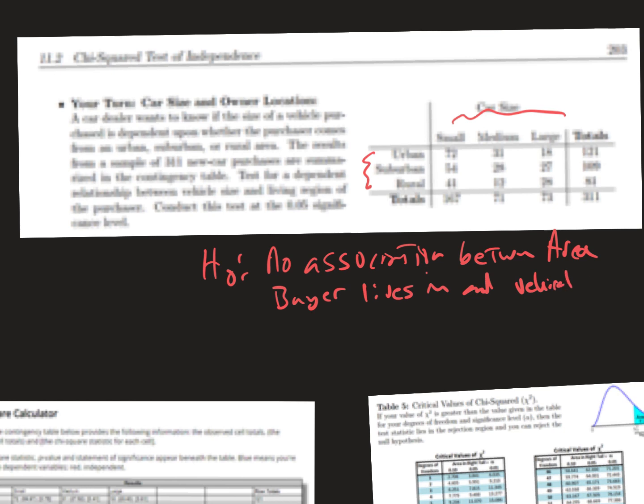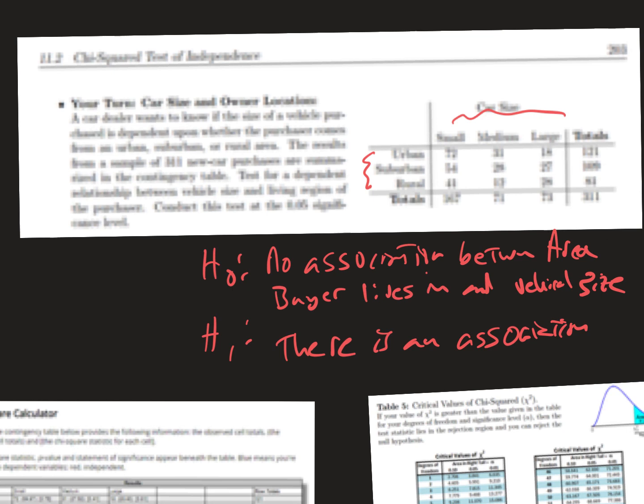I think I misspelled that. And then H1, you can say there is an association. Notice I'm not saying correlation. Association, because these aren't quantitative variables. These are categorical variables. So there's no association.